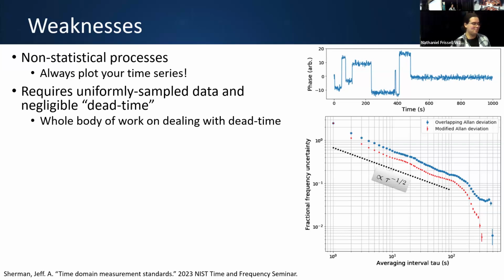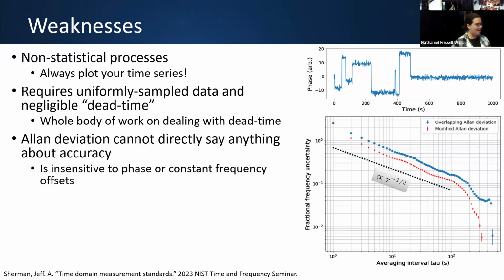Second, you've got to have uniformly sampled data. There is some work on dealing with things like interruptions to measurement. The important thing is that you can't directly say anything about accuracy with these statistics, because what you're really saying is about stability. And so ADEV, the Allan deviation, and these others are insensitive to a constant phase or frequency offset.